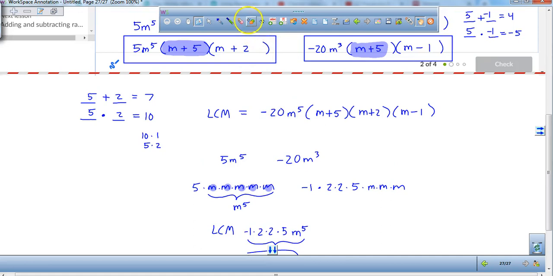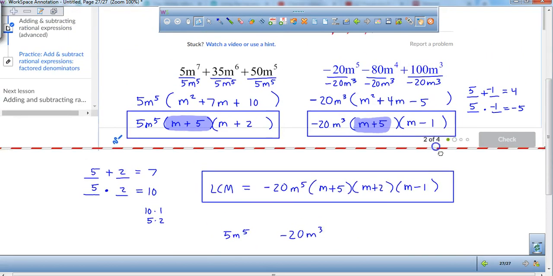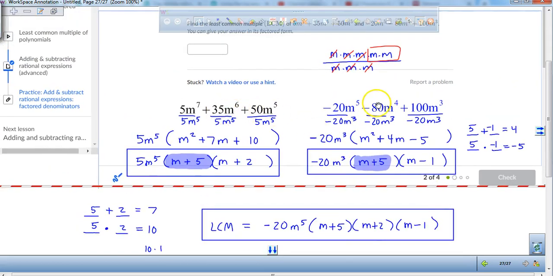But the answer that I'm going to type in right here, the least common multiple between this expression and this expression, is this right here. So you really have to know how to factor to get the least common multiple. So I'm going to carefully type that in.